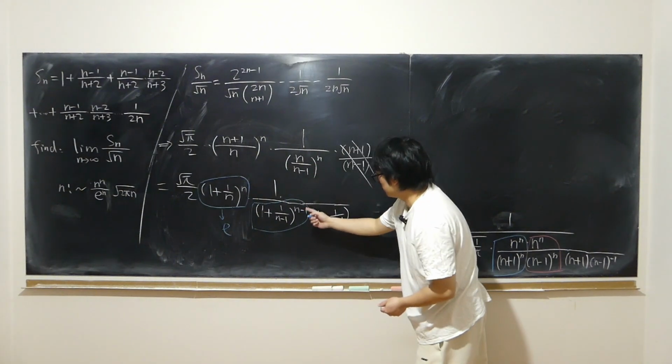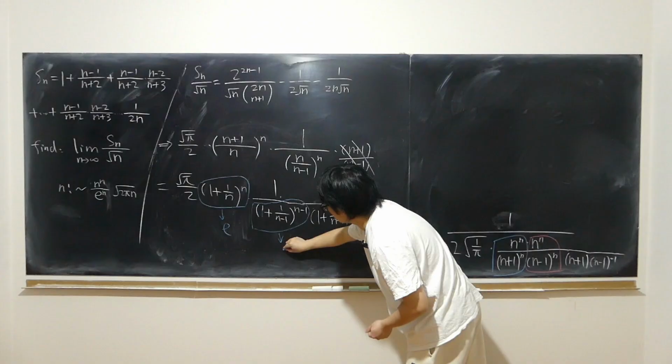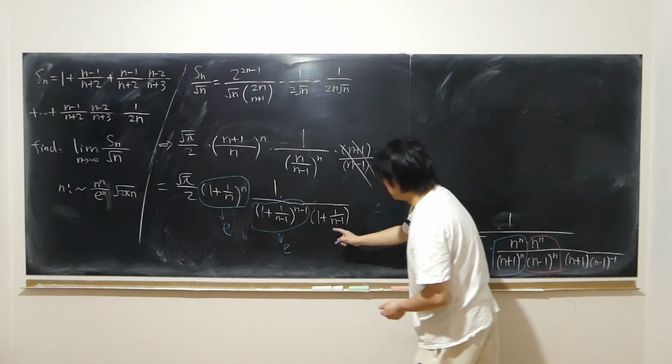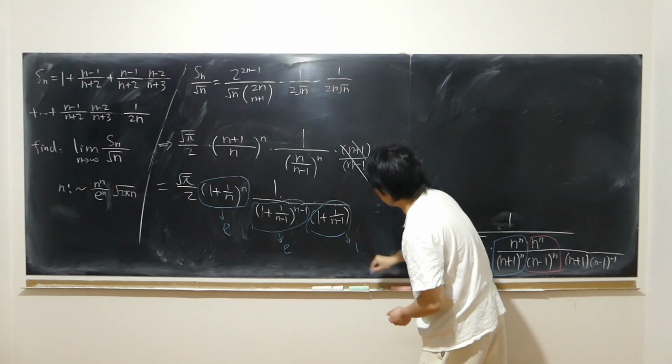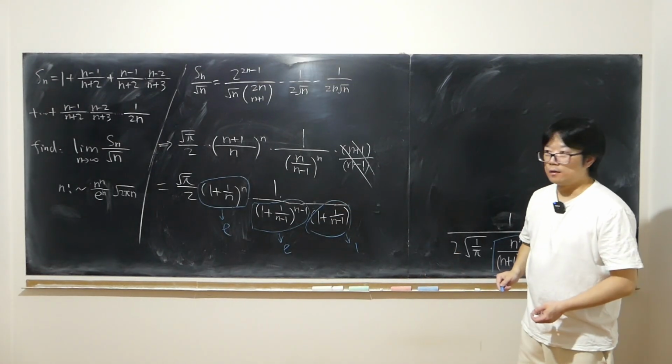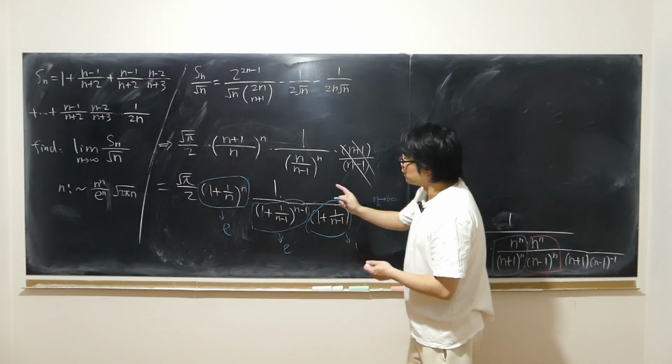We have the same consistent power and whatever is down here. So this one clearly approaches 1. So ultimately, this is our limit.